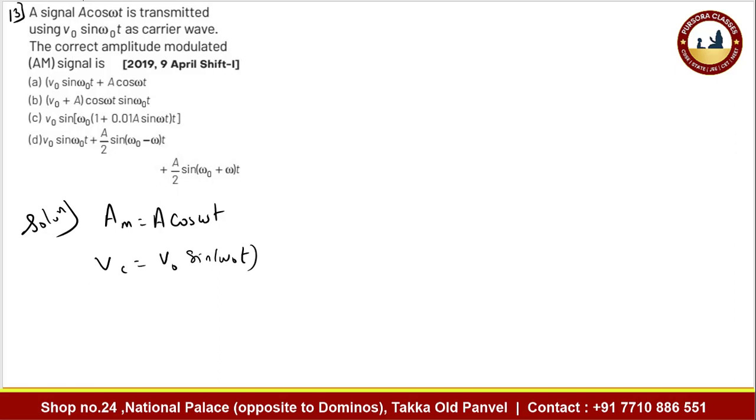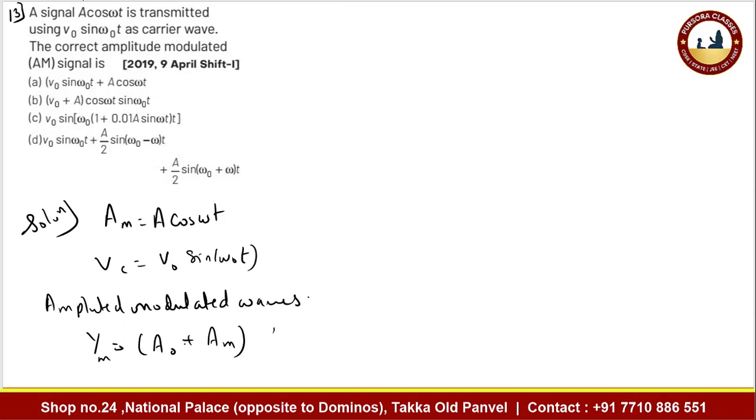When amplitude modulation takes place, the amplitude modulated wave is given by y equals A naught plus AM, sine omega naught t, where A naught is the amplitude of the carrier wave.